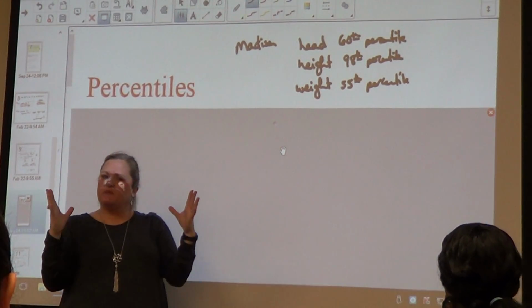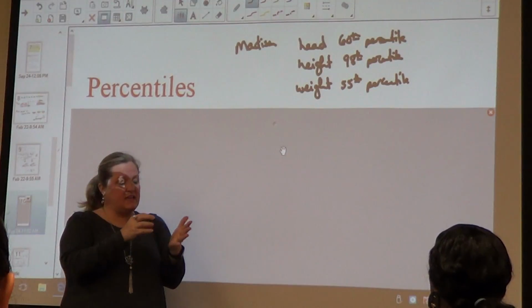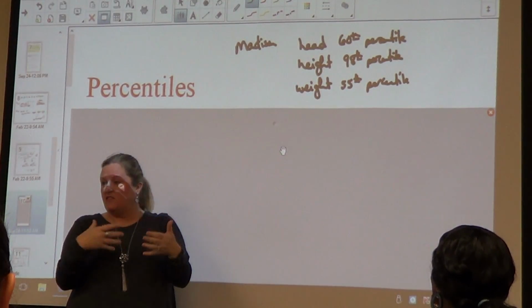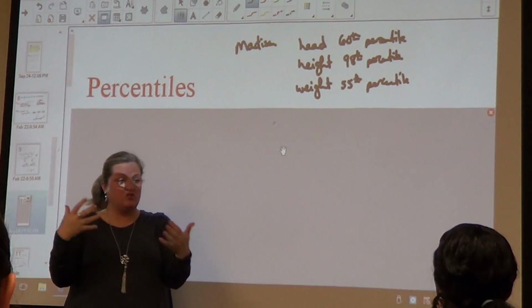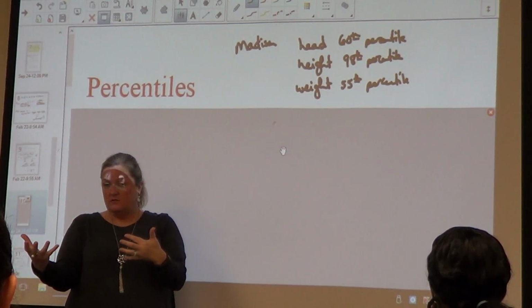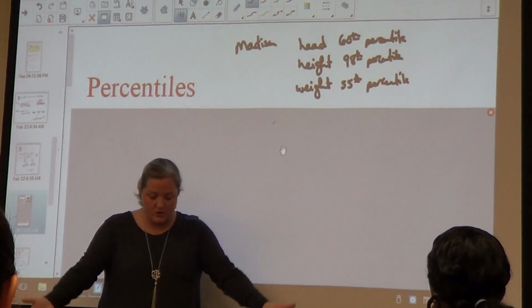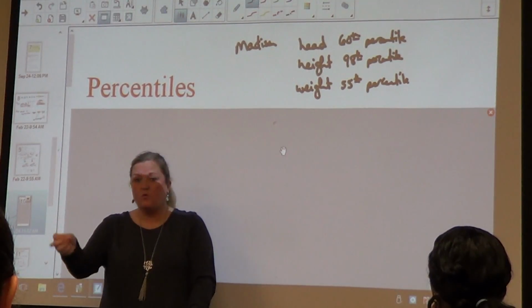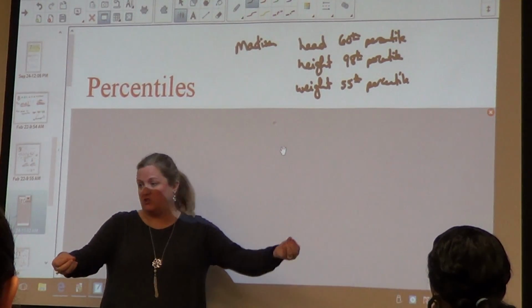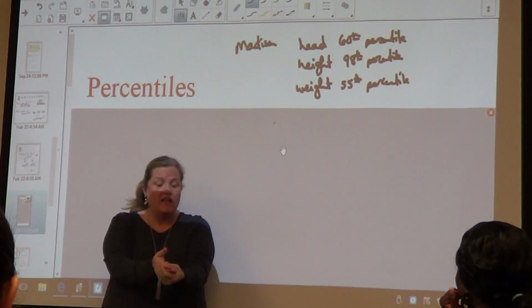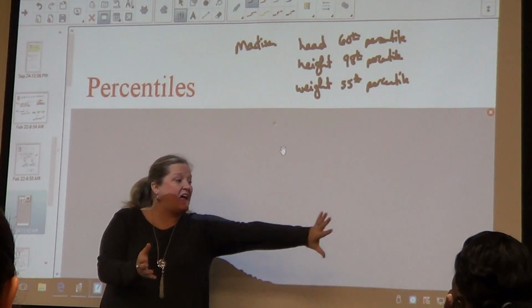So I have to explain to him, if you're taking a test, you want to be in the 100th percentile, because that means you're smarter. If you're in the 100th percentile for a test, that means if they put 100 people there, you are the smartest out of 100. Or if you're in the 98th percentile, that means you're smarter than 97 people.